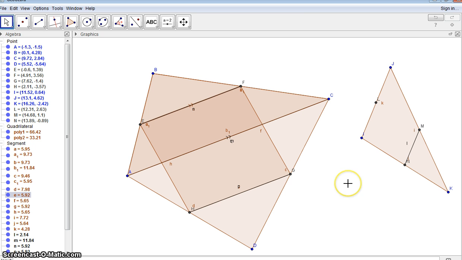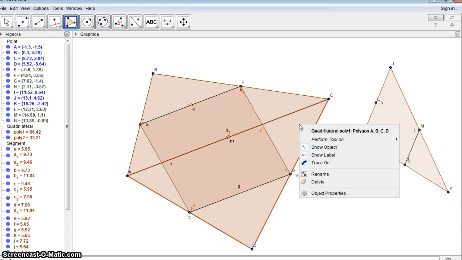Now what's also true is that GH is formed by connecting the midpoints of AD and CD, which are the sides of triangle ADC. Let's make ADC a new color.